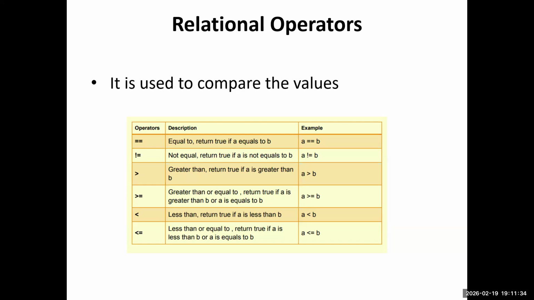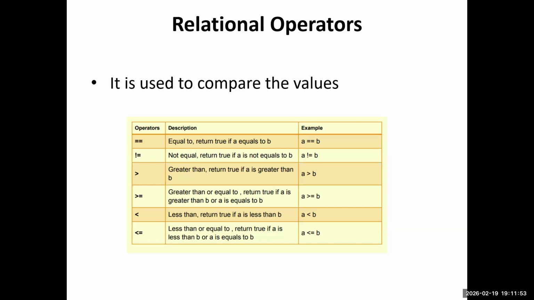Not equal can be defined in several ways. That means you can use the angle brackets to specify the not equal operator. And triple equal is also there. That operator I have not mentioned here.